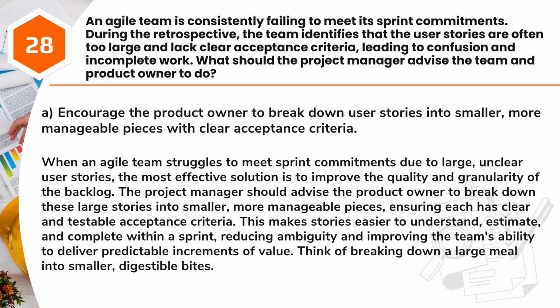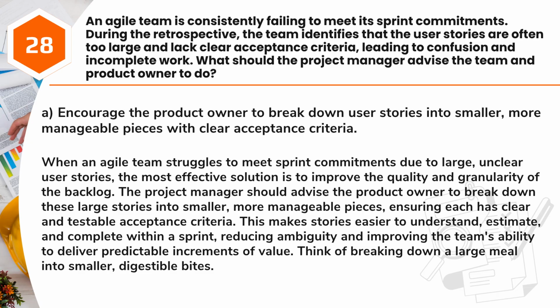Answer: A. Encourage the product owner to break down user stories into smaller, more manageable pieces with clear acceptance criteria. When an Agile team struggles to meet sprint commitments due to large, unclear user stories, the most effective solution is to improve the quality and granularity of the backlog.